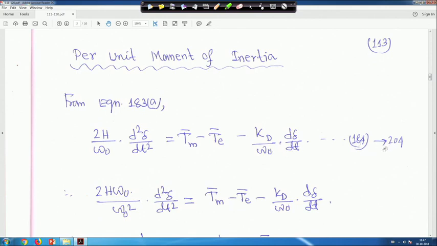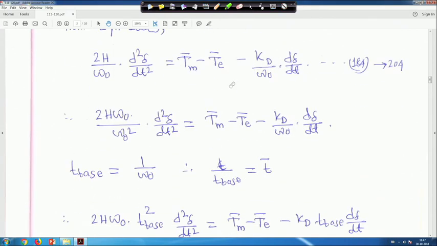Therefore, you multiply this equation numerator and denominator by omega 0. So the numerator will be 2H omega 0 and the denominator will be omega 0 square into d square delta upon dt square is equal to T m bar minus T bar minus k d upon omega 0 into d delta by dt.